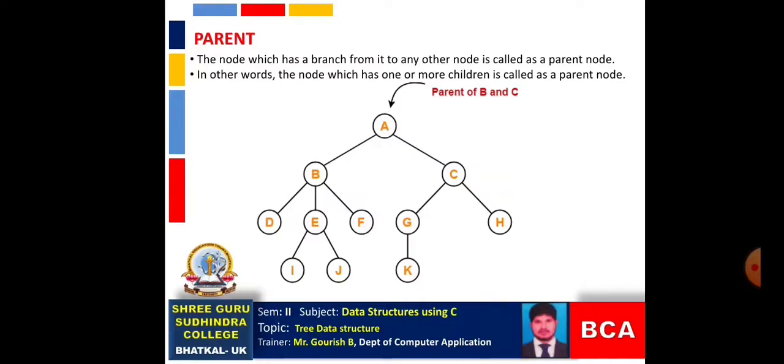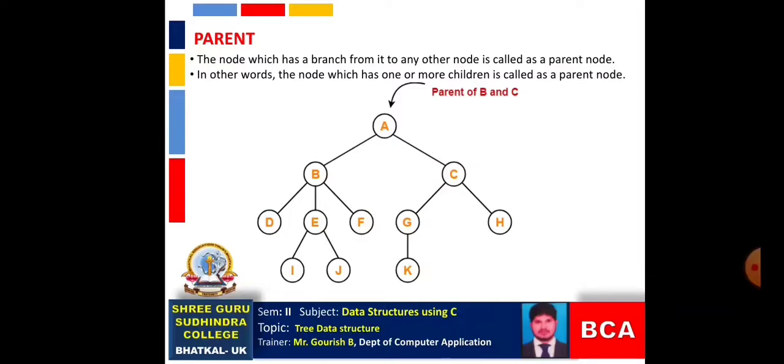That means, for example, consider B over here. For B, A is the immediate predecessor, right? For C also A is the immediate predecessor. That means for B and C, A is the parent node, right? If you consider D, E and F, for these three nodes, B is the immediate predecessor.